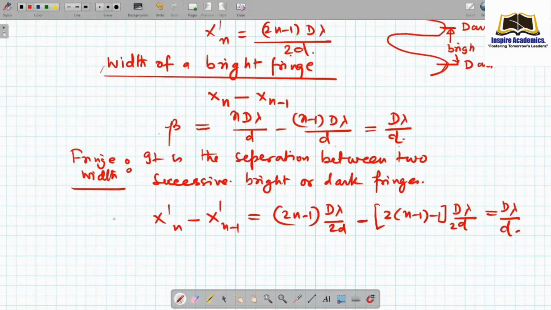Okay, so either way fringe width remains same. Did you get it? Either bright or a dark fringe width exactly same, no change. ठीक है जी.